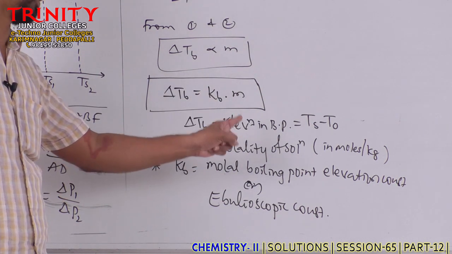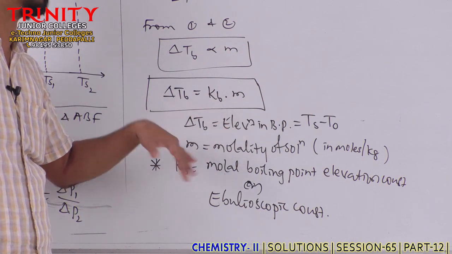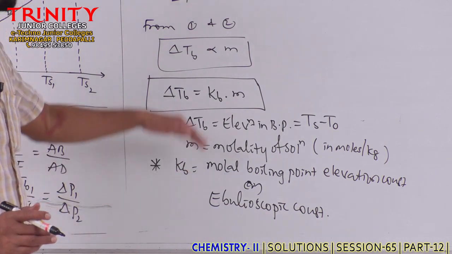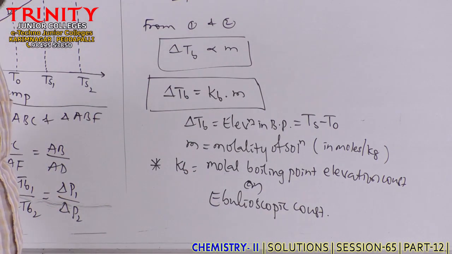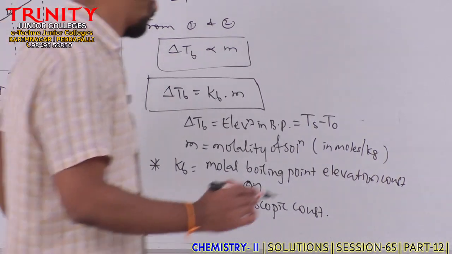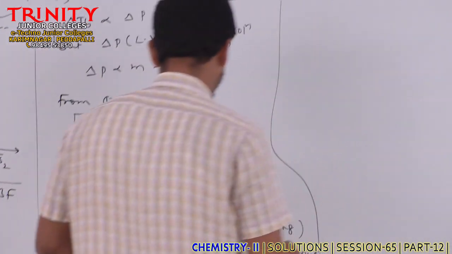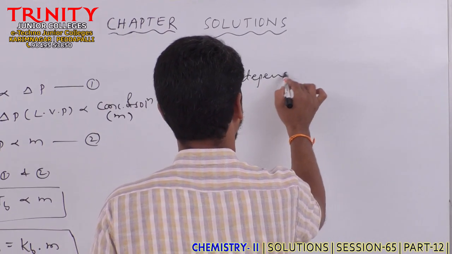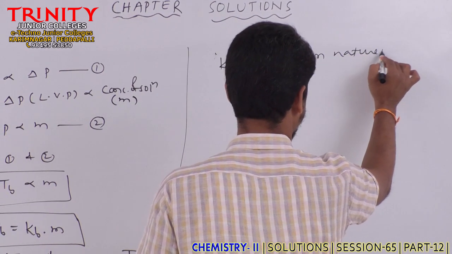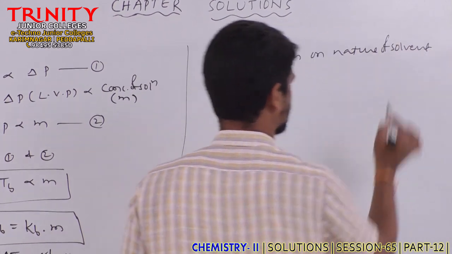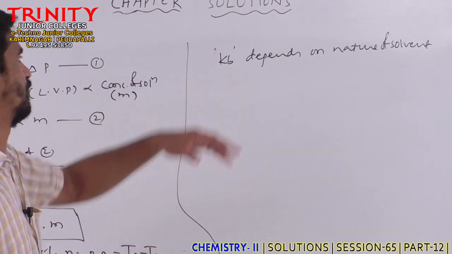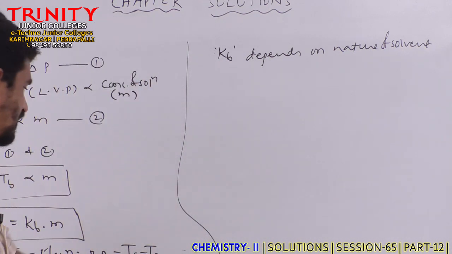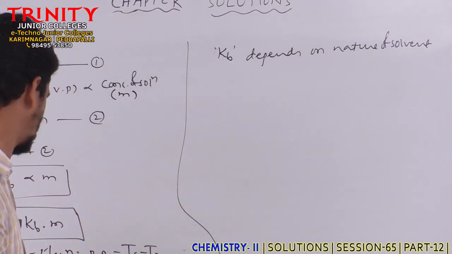Kb value depends only on the nature of the solvent, which means it is the same for the same solvent. What is Kb? Ebullioscopic constant, or molal boiling point elevation constant.